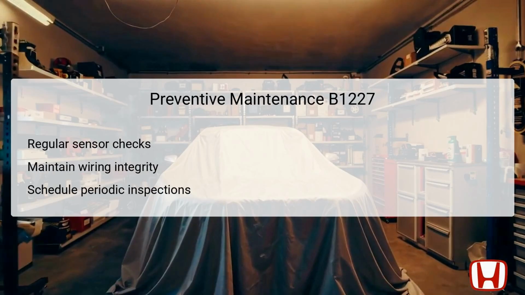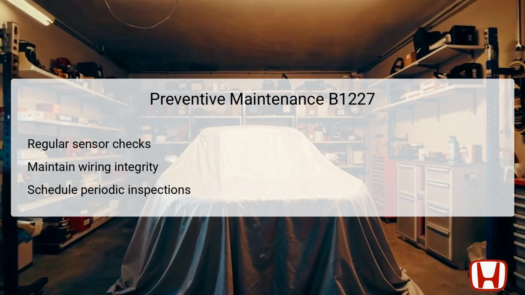To prevent future occurrences of DTC B1227 and ensure the longevity of the outside air temperature sensor, implementing regular preventive maintenance is essential. Regularly checking the sensor for physical integrity and functionality can help detect issues before they develop further.